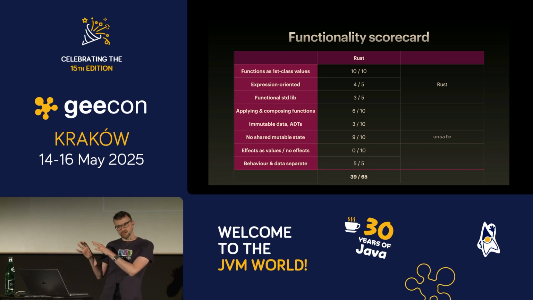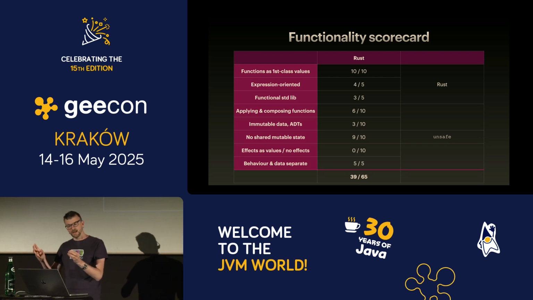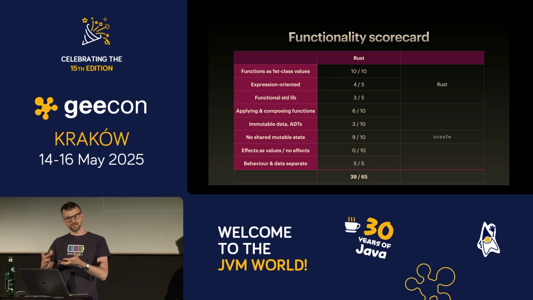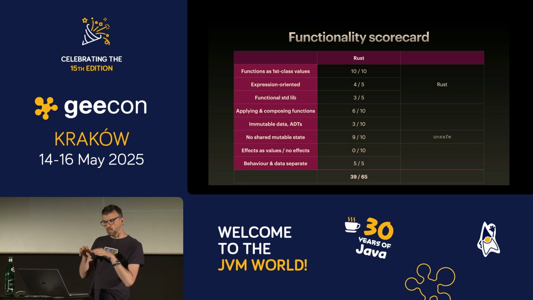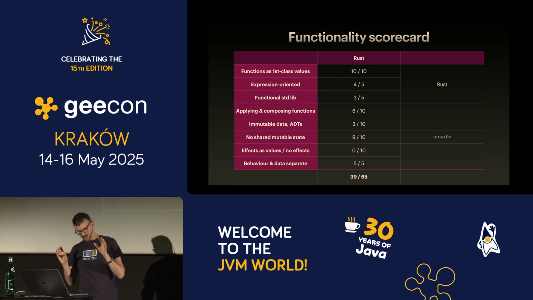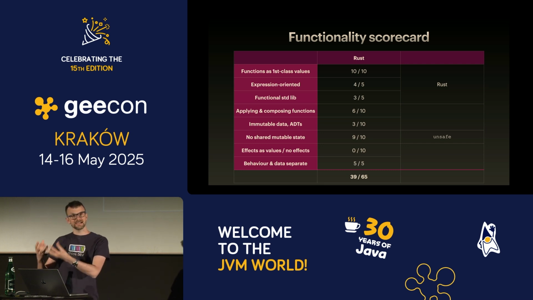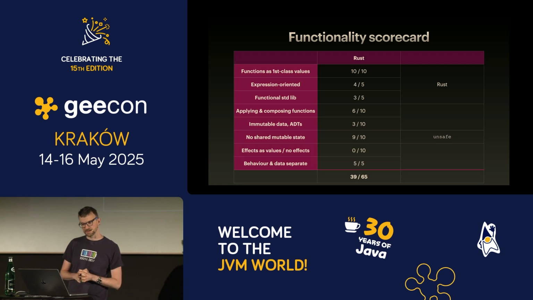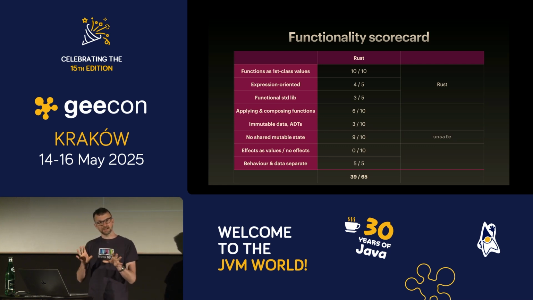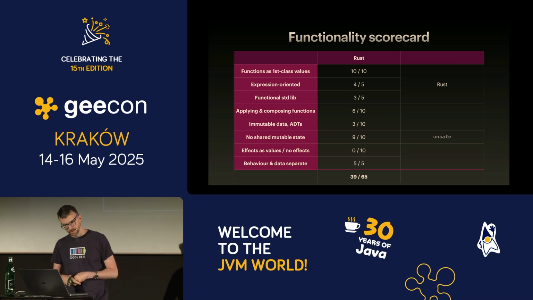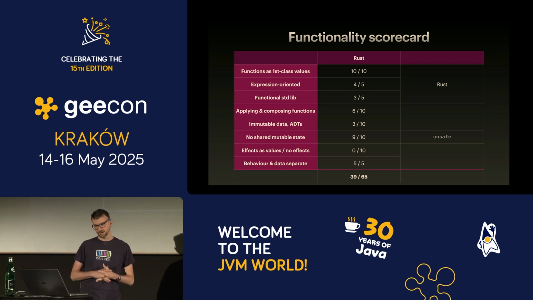In Rust, you have mutable data structures, but you don't have shared mutable state, because the compiler verifies that only one point in code at a time can access or modify some state. A different mechanism, but the same outcome. So no shared mutable state scores quite high here.